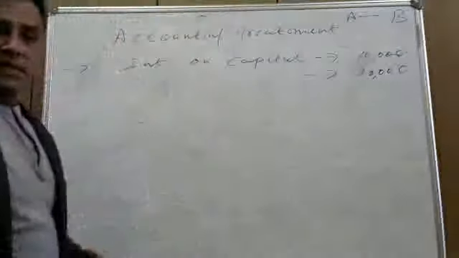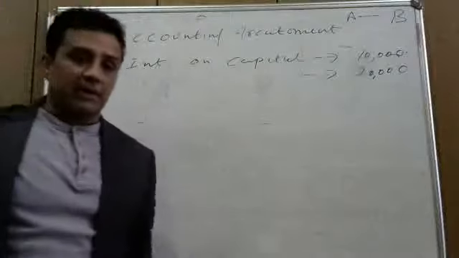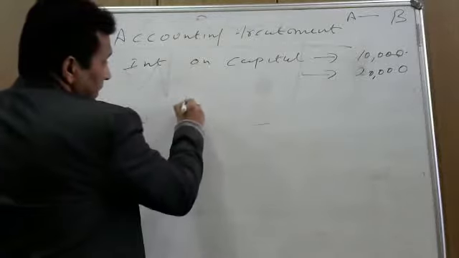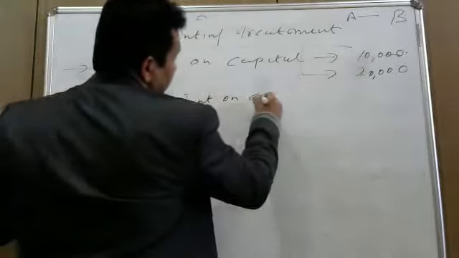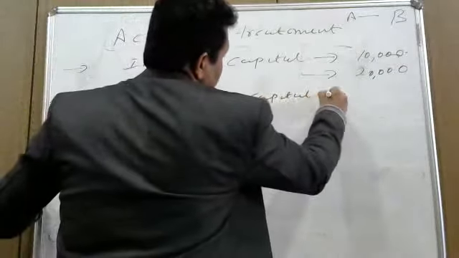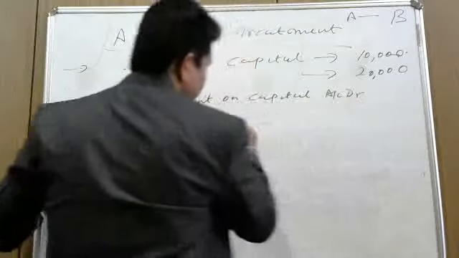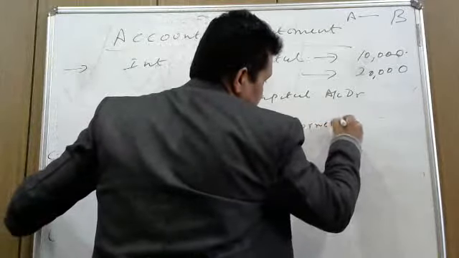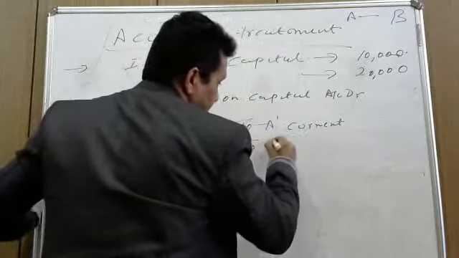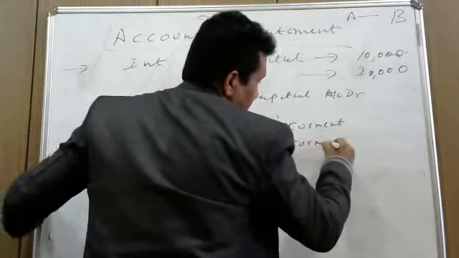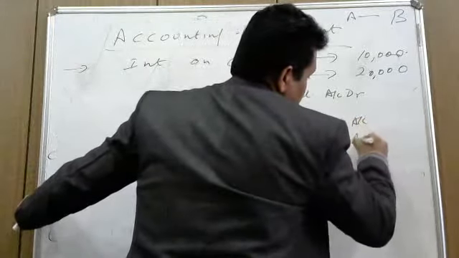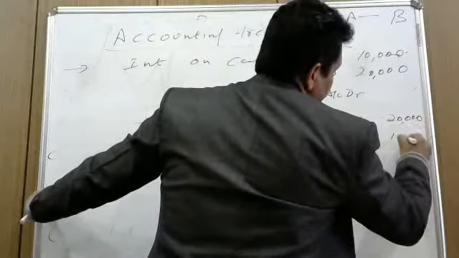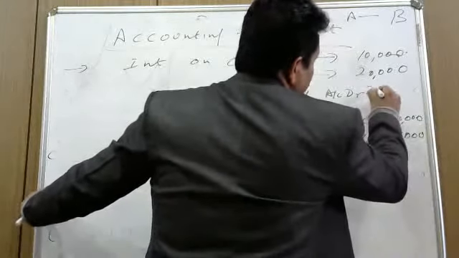How do you need to pass the journal entry in the case of both the capital accounts? First, the entry will be interest on capital account debit to A's current account, to B's current account. A is getting 20,000, B is getting 10,000. The total interest they are getting is 30,000.